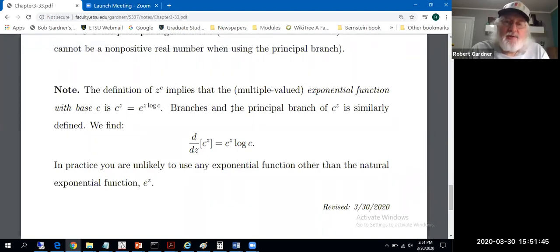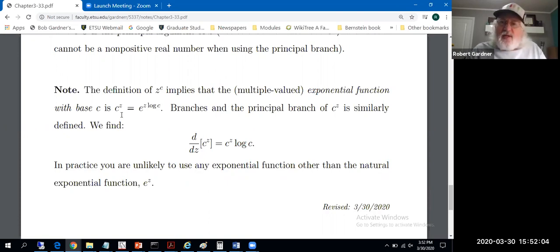And we could take branches of that, abbreviating a little bit here. But we could go through and differentiate an exponential function base c. Notice the different roles here. You're probably less familiar with this, except when c equals e.